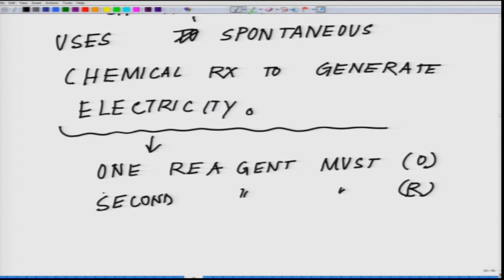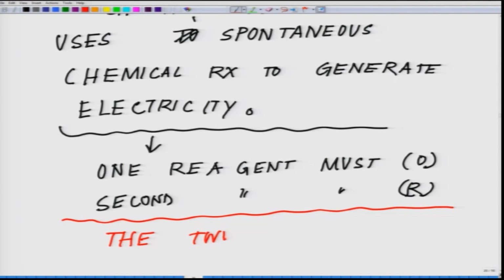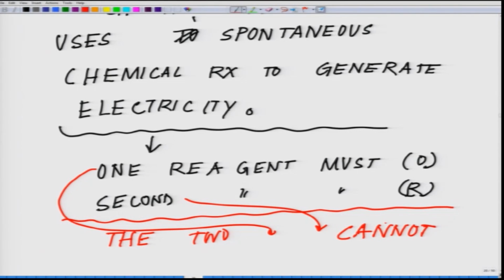And the next most important thing we will be dealing with today is that the two cannot be in contact. Contact means I am talking about physical contact with each other.